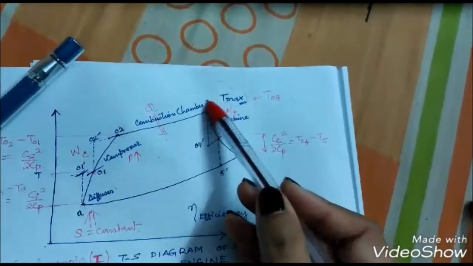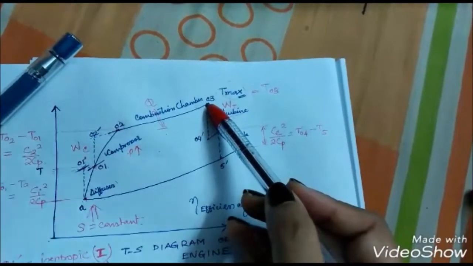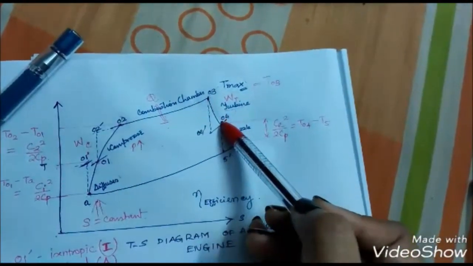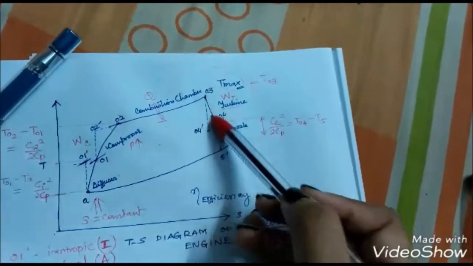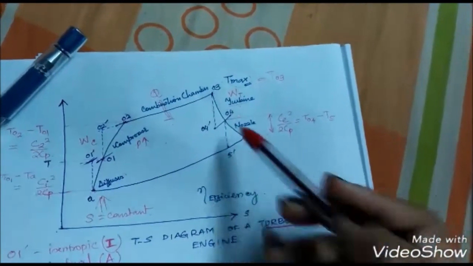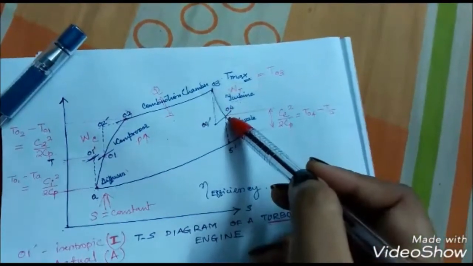Now the hot gas comes out from the turbine. There is always an increase in entropy, but there is a decrease in temperature.